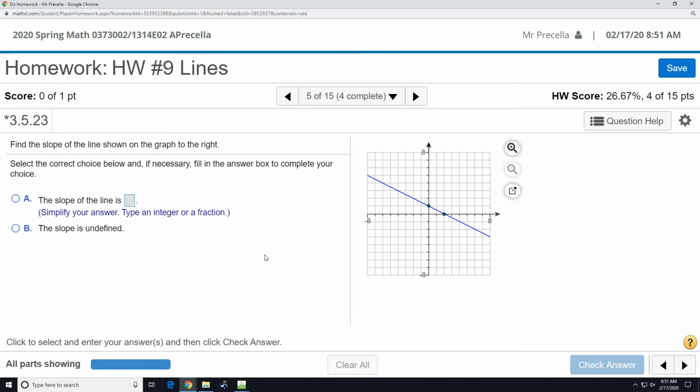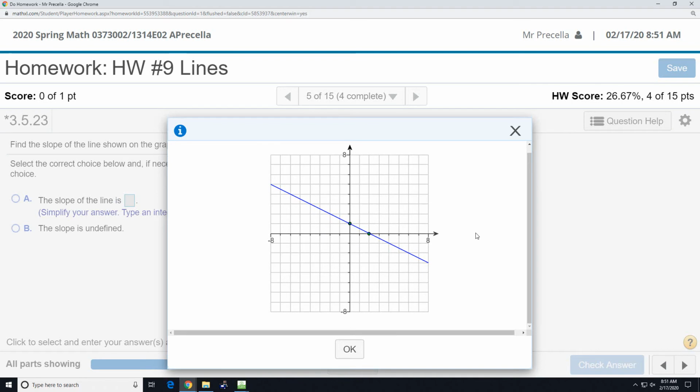Here's problem 5. It says, find the slope of the line shown on the graph to the right. Let's see. Does this make it any bigger? Notice there's 2 points labeled here on the line. Can y'all see this dot here and that one there? Choose one of those points and move to the other one.